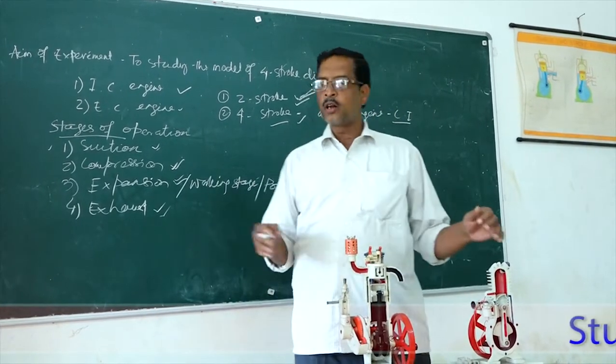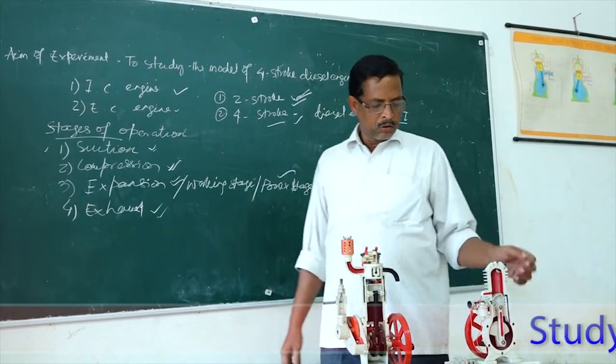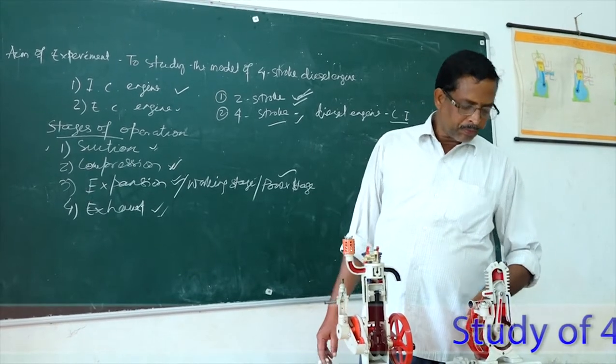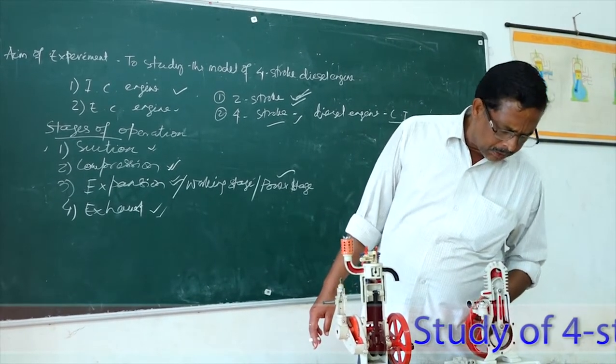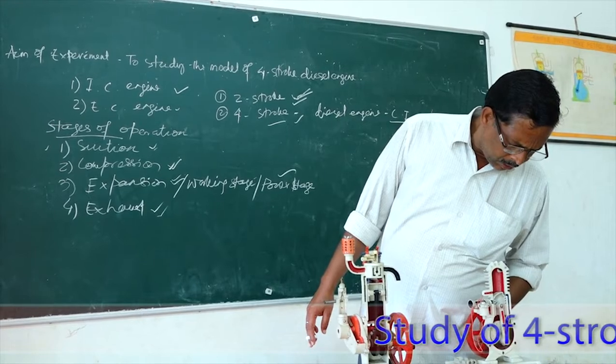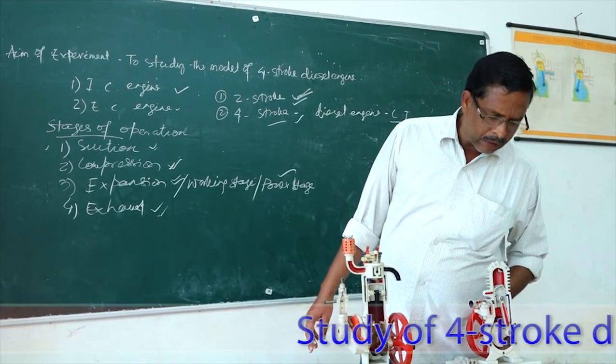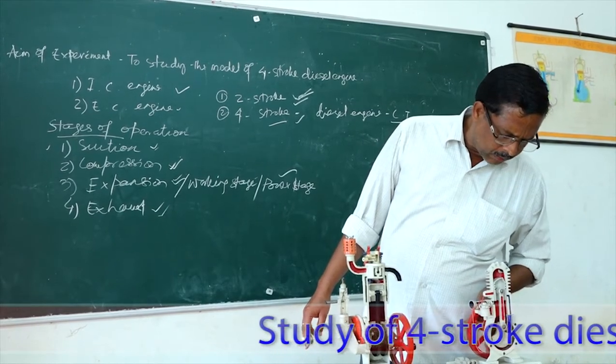In a two-stroke engine, the total cycle completes during two strokes of movement of the piston. During suction, the piston moves partly from BDC to TDC, and the other stroke completes to TDC.